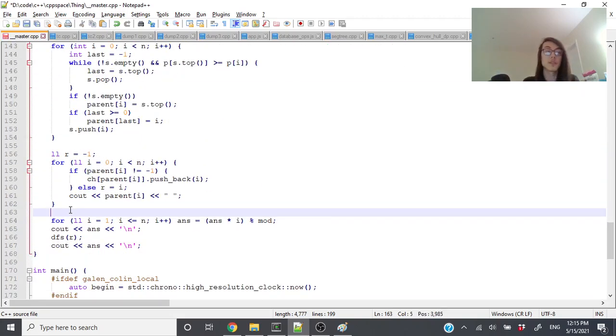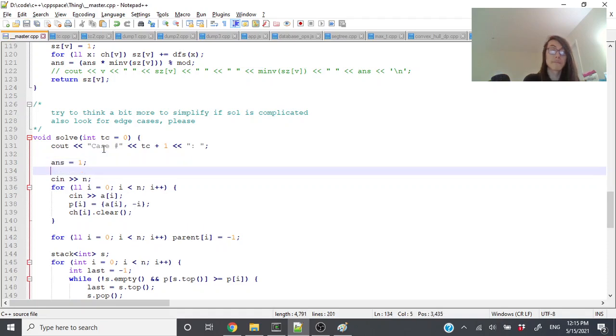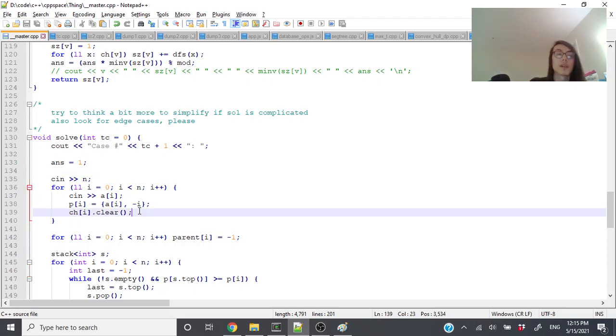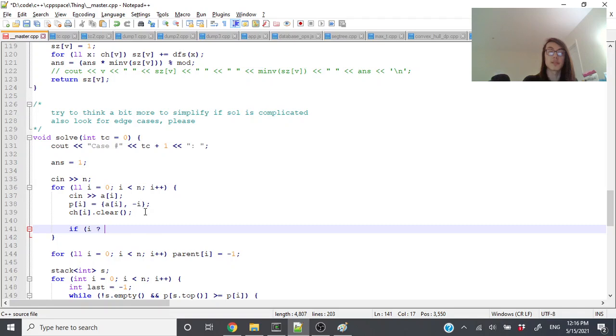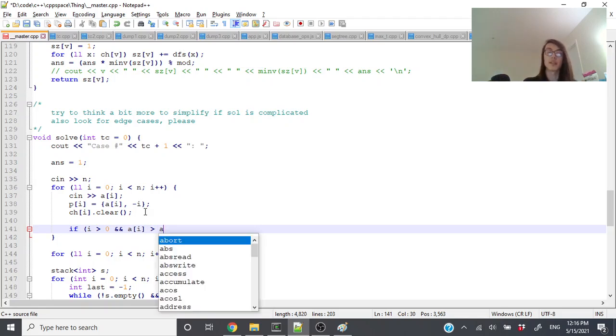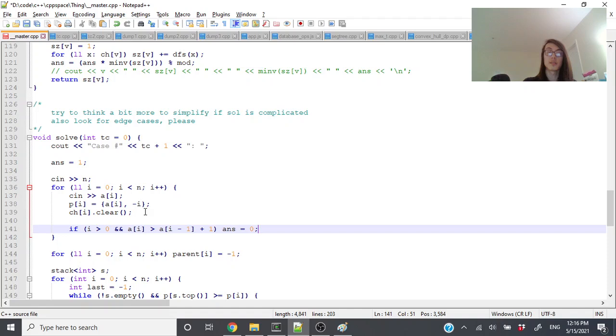So answer equals 1. It's only impossible if there's a gap of more than 1. Otherwise, it's always possible. So if I is greater than 0, and AI is greater than AI minus 1 plus 1, and it's equals 0.